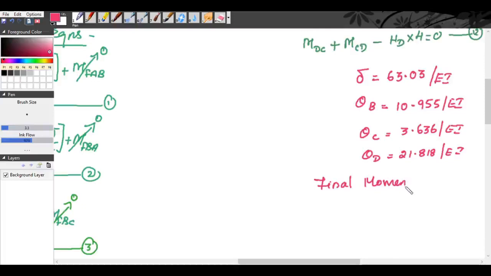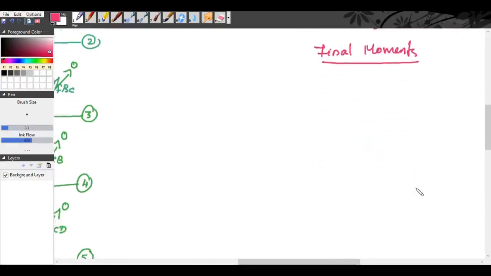Our final moments will be MAB is equal to minus 18.18 kilonewton meter. MBA is equal to 12.68 kilonewton meter.